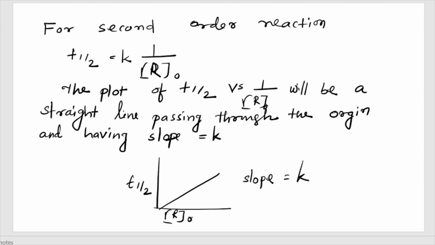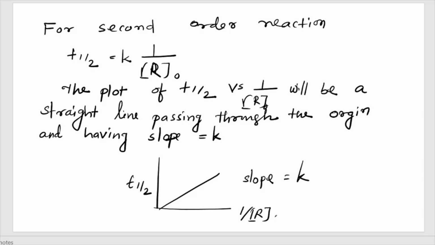Then come to second order. T half equals 1 by R, that means 1 by the initial concentration, that is 1 by R0 with the molar concentration sign. If you plot T half versus 1 by R0, it is not R0 simply, it is 1 by the initial concentration, so you should write 1 by R0.